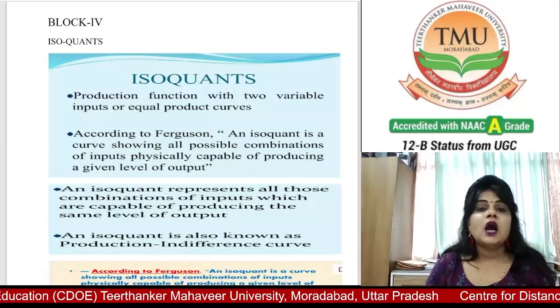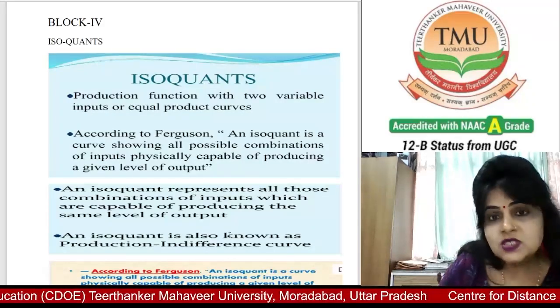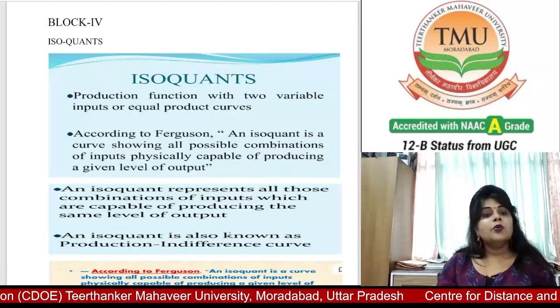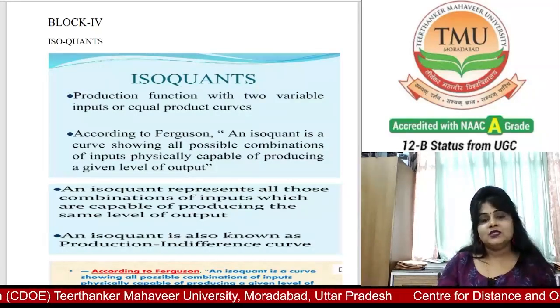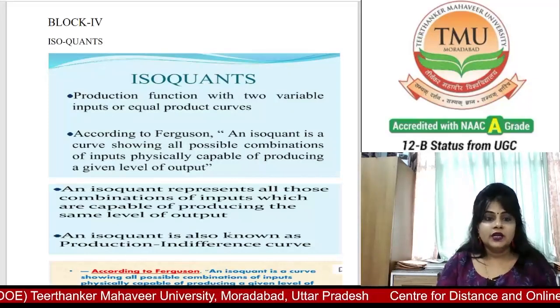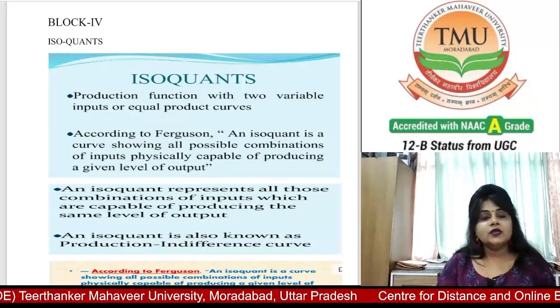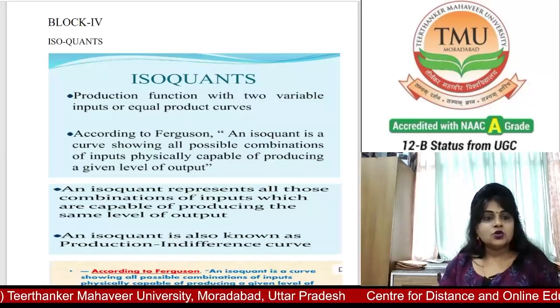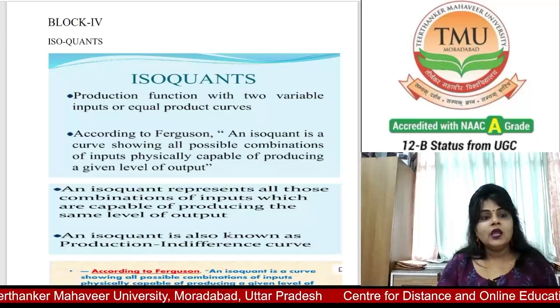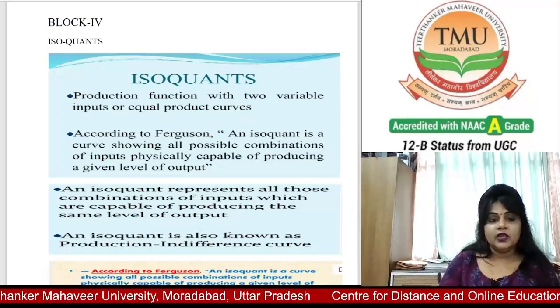given level of output. The term isoquant, broken down from Latin, means equal quantity, as you also see in the definition. Isoquant means equal quantity, with iso meaning equal and quant meaning quantity.